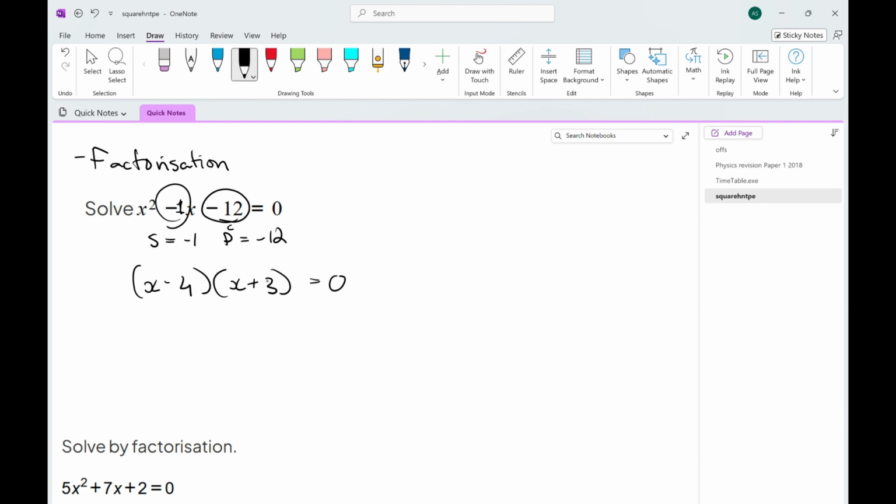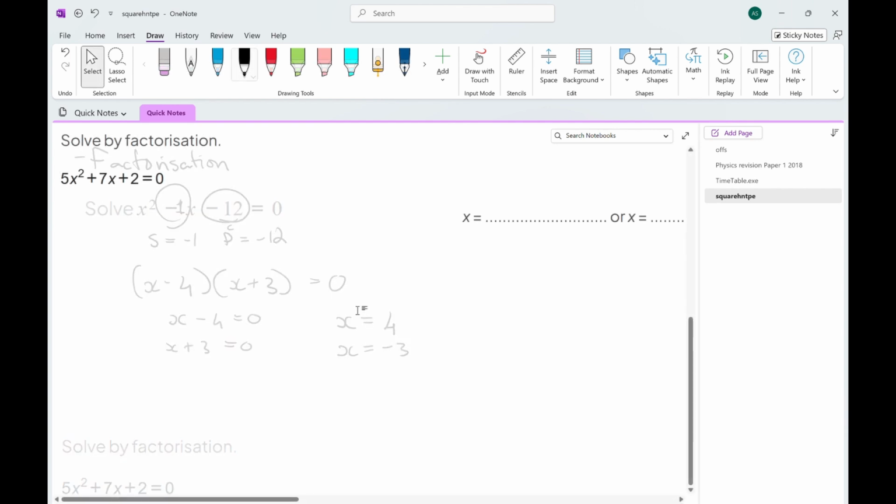Now we do x minus 4 equals 0 and x plus 3 equals 0, because we need two answers, as we saw earlier, there are two times where the graph is touching the x-axis. So the answer would simply be x equals 4 and x equals negative 3.